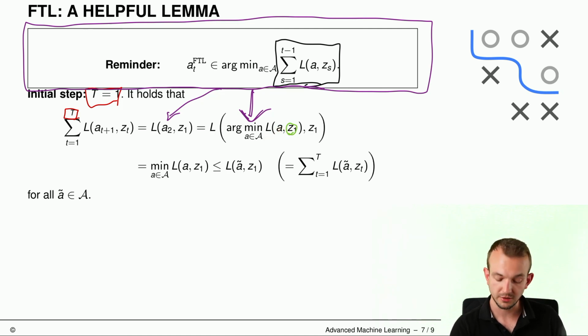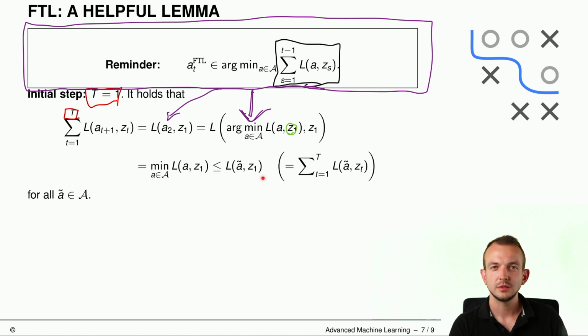Well, what will be the outcome? It's the minimum value of that. So we obtain then the minimum value. But the minimum value over all these actions is definitely smaller than or equal than the loss we would suffer for any other competing action A tilde.